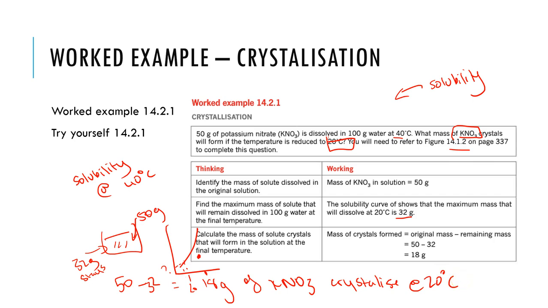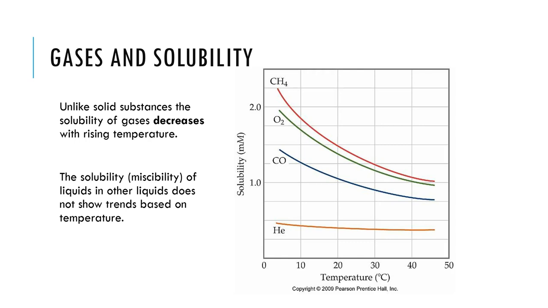We put in 50 at the warmer temperature, so as the temperature cooled, we will start to see crystals of potassium nitrate form in our solution. To have a go at practicing one of these yourself, try it yourself from your worked example in your textbook.